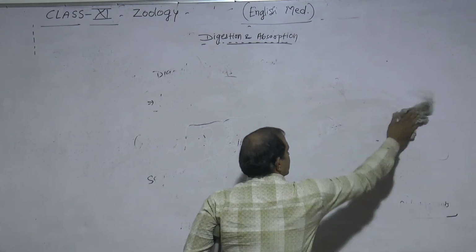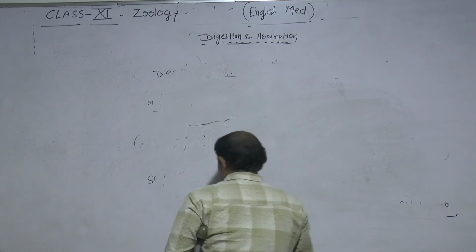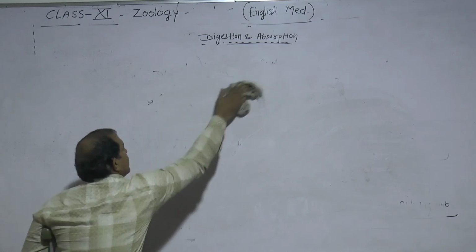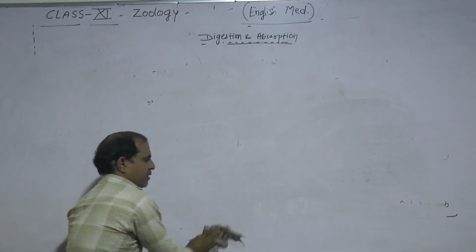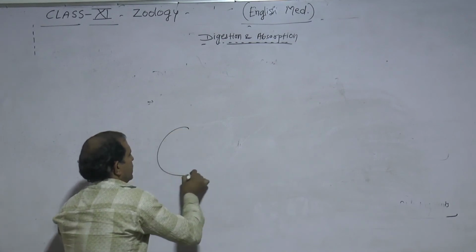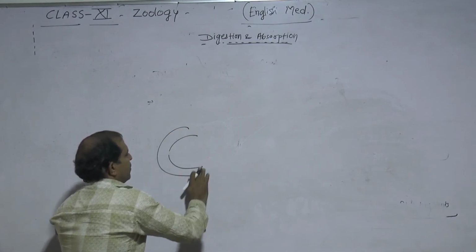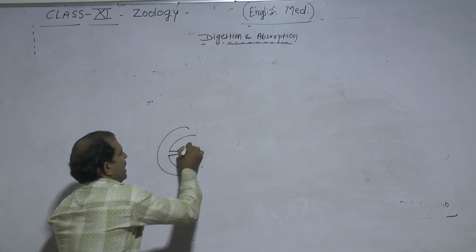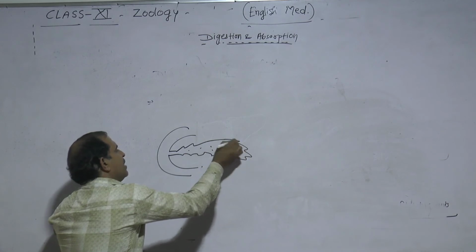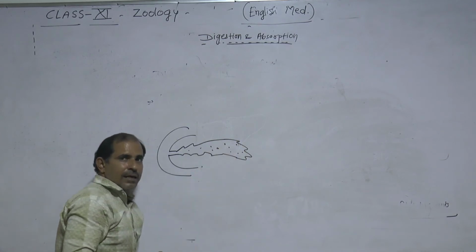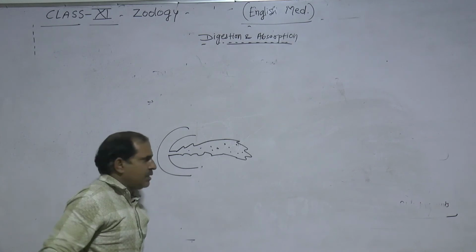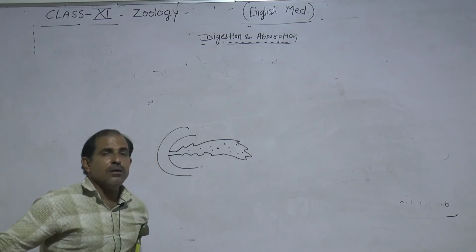As we have discussed earlier, between the both arms of the duodenum, a leaf-like gland is present, and this leaf-like gland is called pancreas.